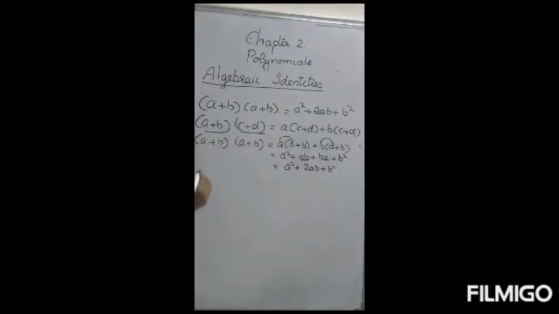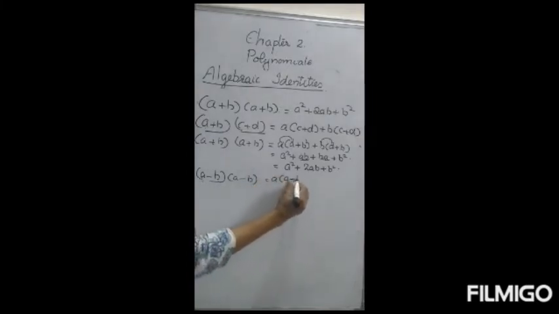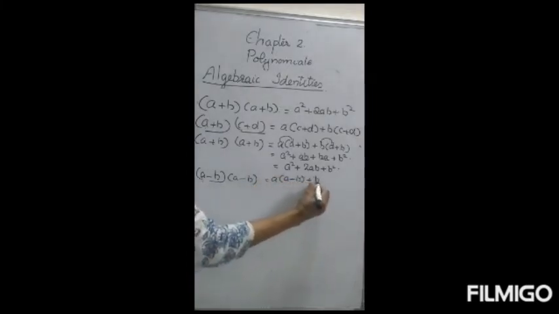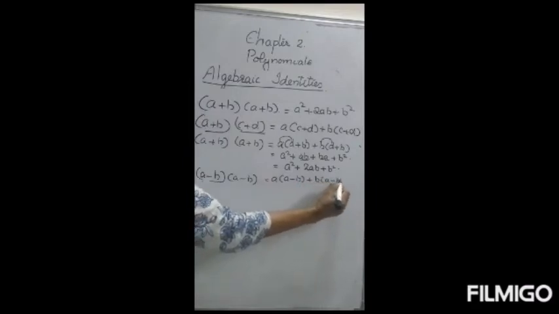Now next identity, (a - b) into (a - b). Here it is also the same terms, a - b and a - b, that is a into (a - b) plus b into (a - b).